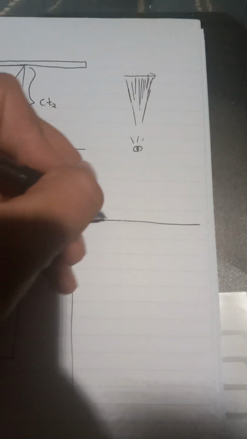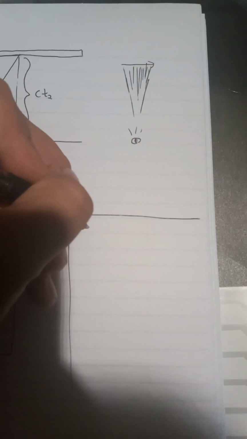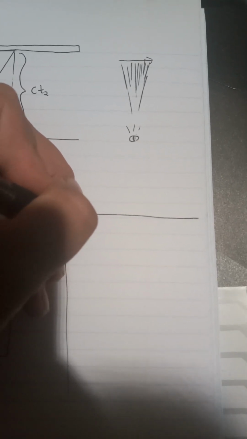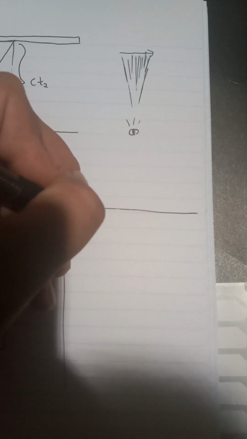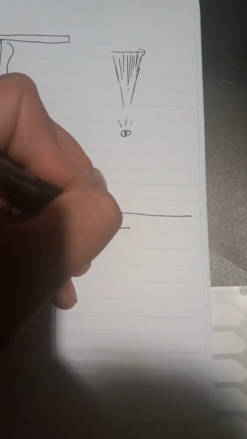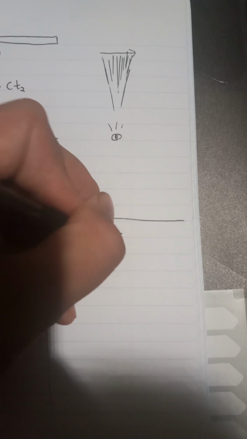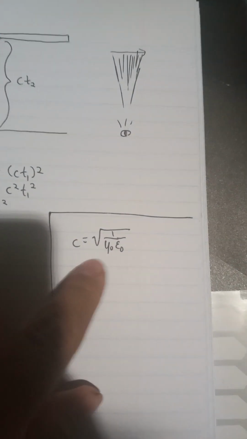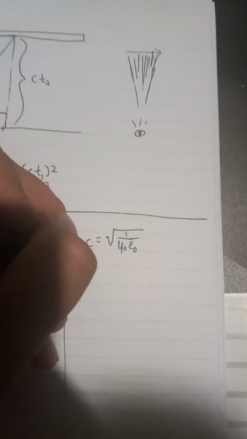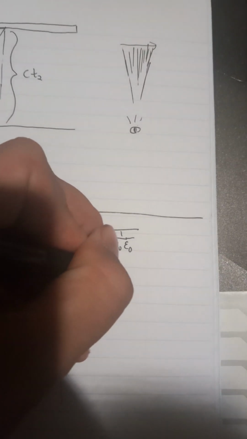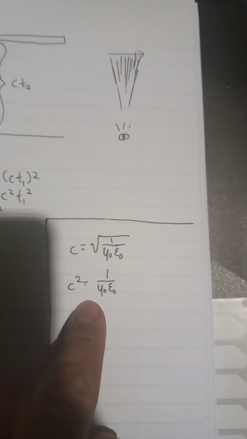Now, there's just one more thing I'm going to add on here because I thought this was kind of interesting. If you've ever seen the definition for the speed of light, it comes to c is equal to the square root of 1 over mu sub naught epsilon sub naught. Now, we can rewrite this. We can say that c squared is equal to 1 over mu sub naught epsilon sub naught, just like this.